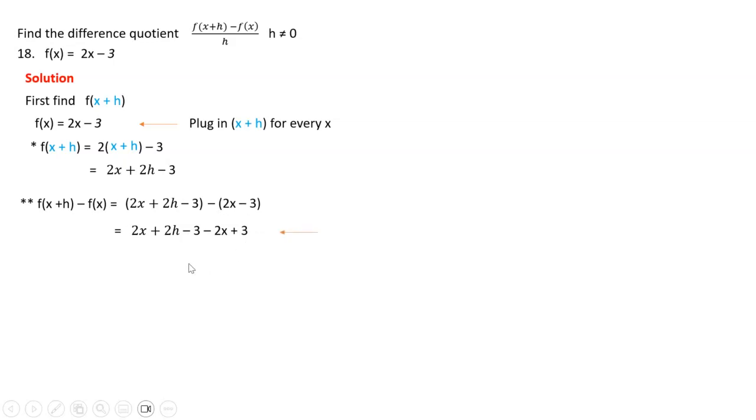And again, the same process as before. Every term without an h must be eliminated. So you see we have a 2x here and a minus 2x towards the right side. Those are eliminated. The negative 3 and the 3 are also eliminated. So we're left with 2h.